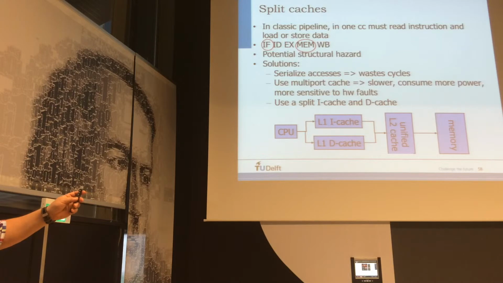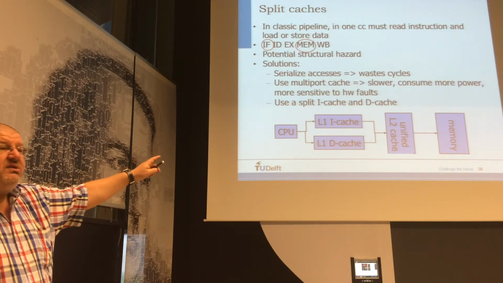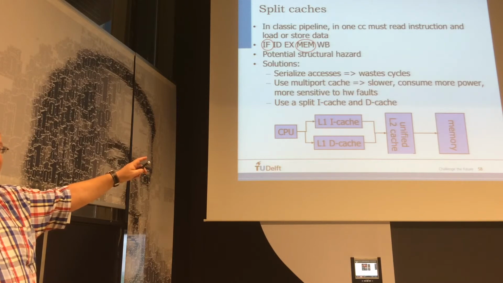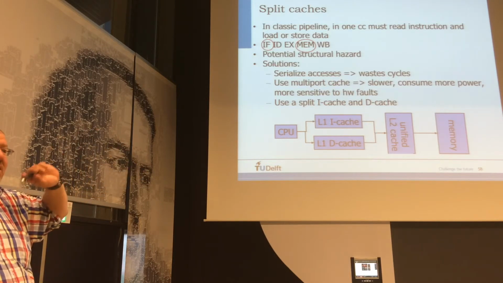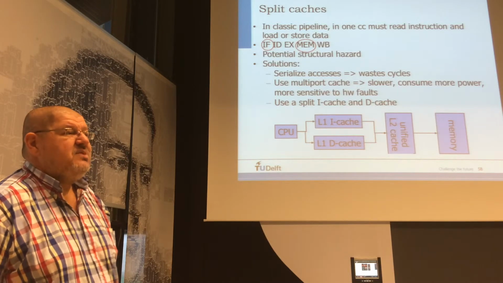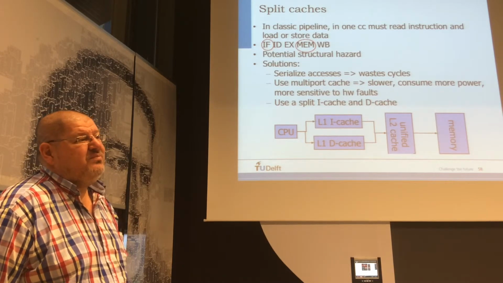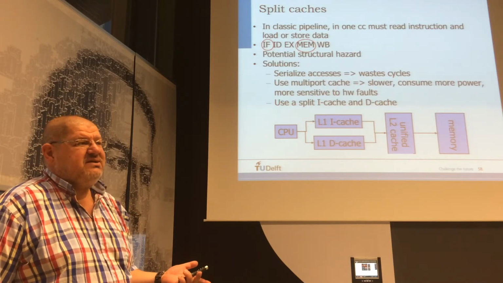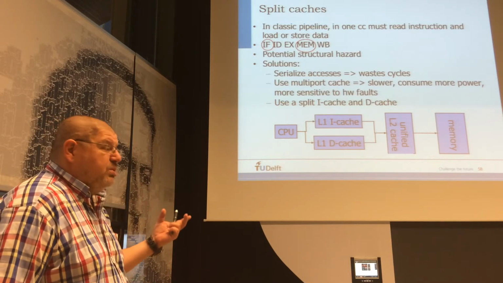Now, I don't do that on level 2. I could have done that too, but do you have any idea why I'm not doing that? Yeah? Too many caches? It's too expensive. And there is something else. L2 has to be big.